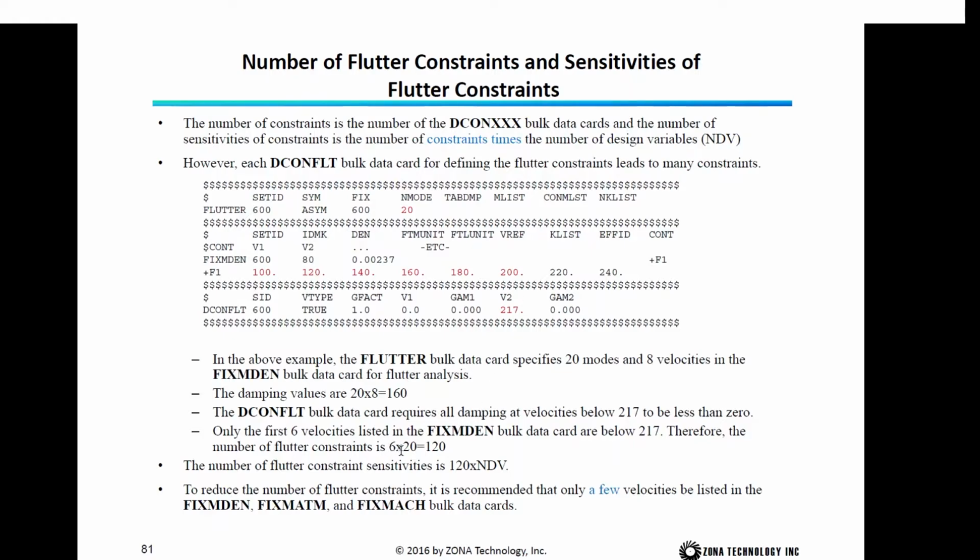So the constraint count is 120. So the number of flutter constraint sensitivities is 120 times the number of design variables. Therefore, to reduce the number of flutter constraints, it is recommended that only a few velocities be listed in those FIXMDENS, FIXMACH, FIXDEN cards.